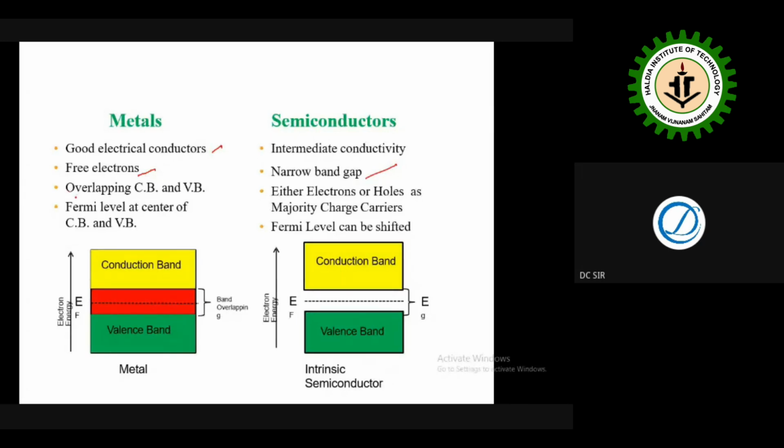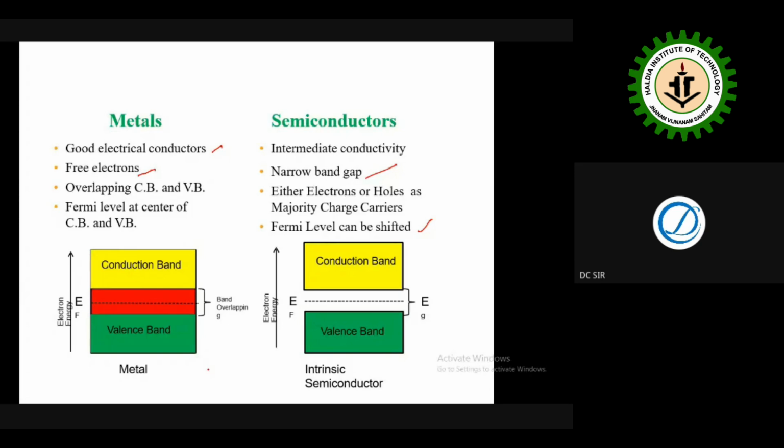In metal, the conduction band and valence band overlap. In semiconductor, either electrons or holes are the majority charge carriers, and the Fermi level is at the center between the conduction band and valence band. The Fermi level can be shifted to either the conduction band side or the valence band side. So this is the difference.